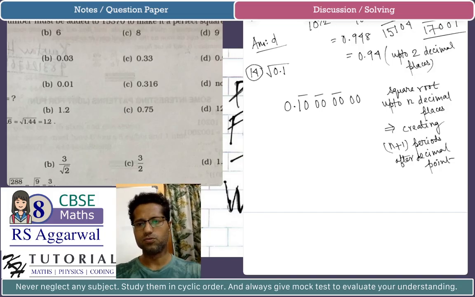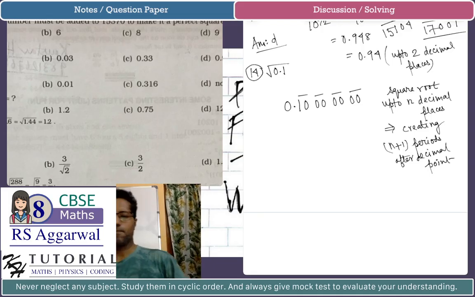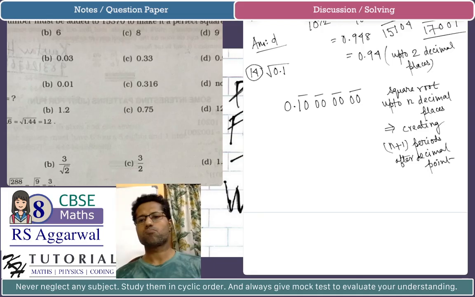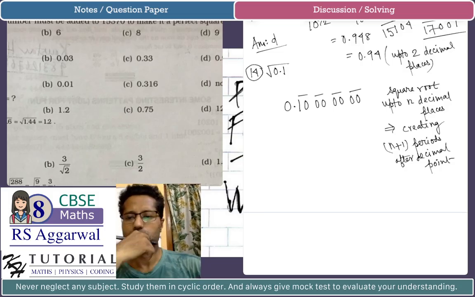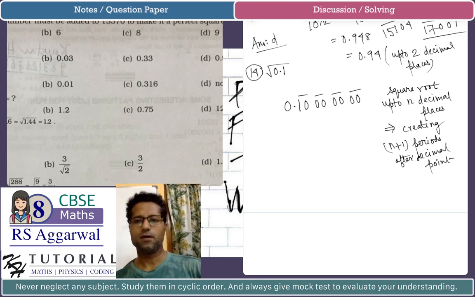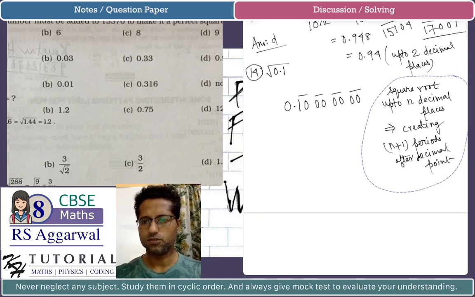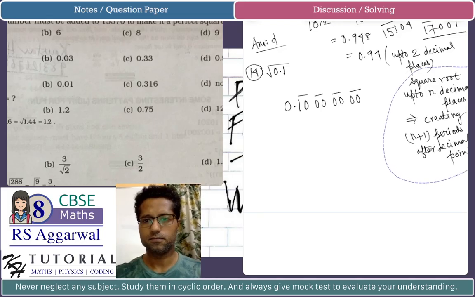I add another 2 zeros, the fourth period is created. Now I can see that in the given number I have 4 periods after the decimal point. Now I have to perform the long division method.